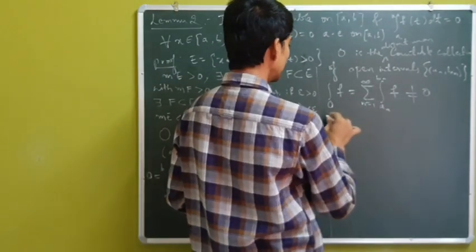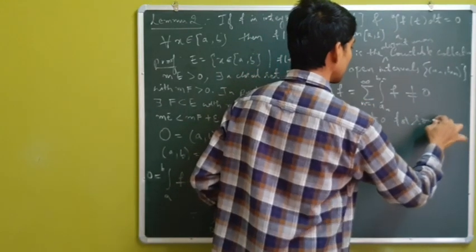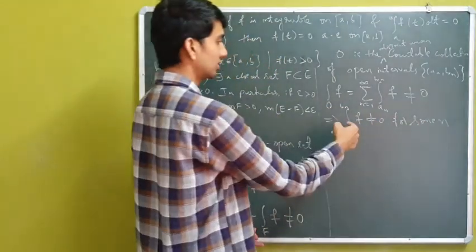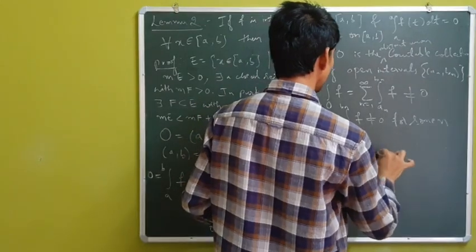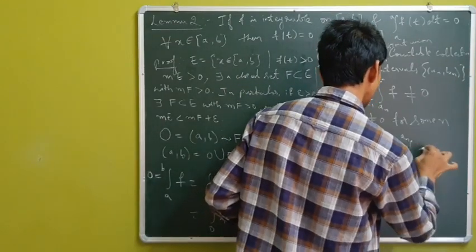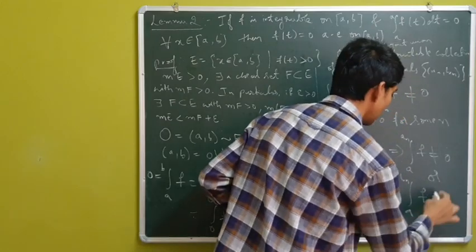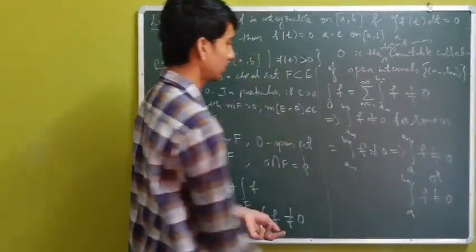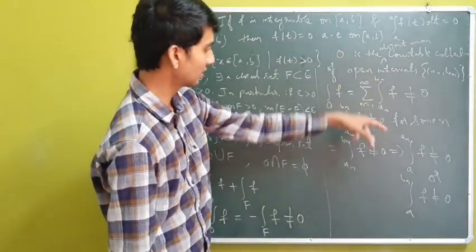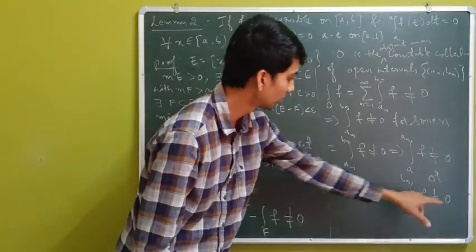So since this is non-zero, this implies the integral of f over (a_n, b_n) is not 0 for some n. So if I have this to be non-zero, that implies f is non-zero for some interval (a_n, b_n).